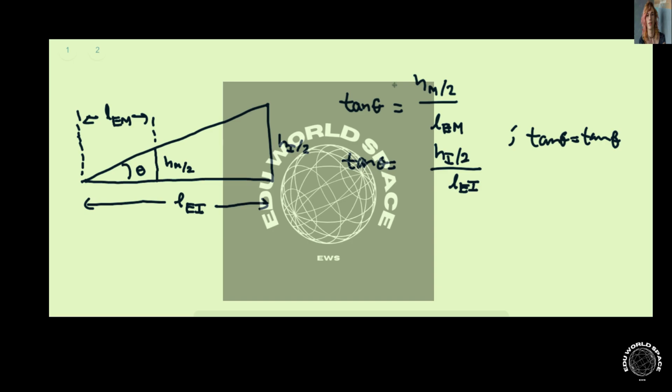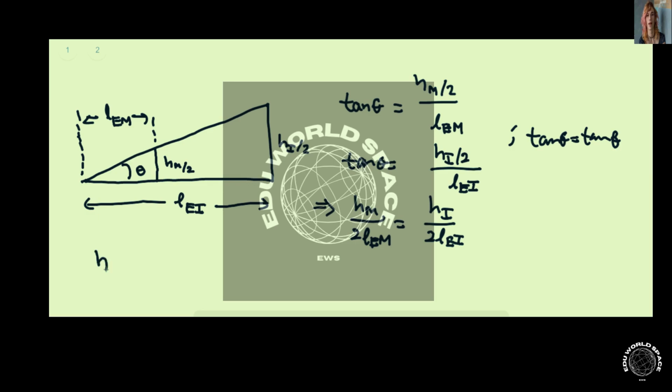So we can equate these two parts. So we have HM over 2LEM is equal to HI over 2LEI. And we wish to find the image height.